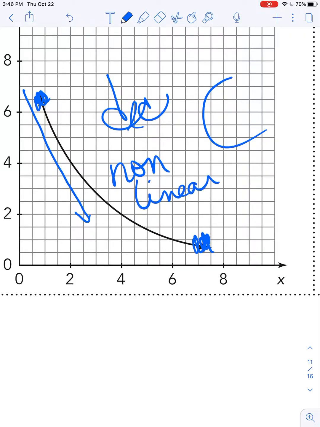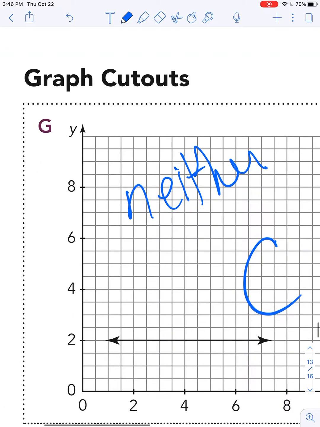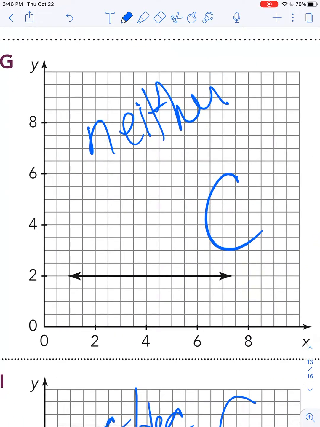I should have done all of this in different colors. And then this one, it would make a line, guys. It's okay if it's a vertical line. It still could make a line. Then next one, this one. Okay, it's horizontal, but it's still a line, so it's still linear.